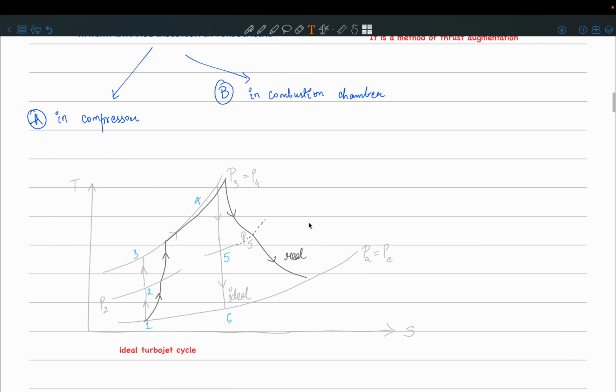Okay. No, but the compressor is already at lower temperatures. So even if you reduce the temperature, how is that going to help?